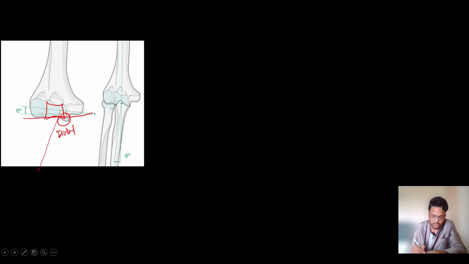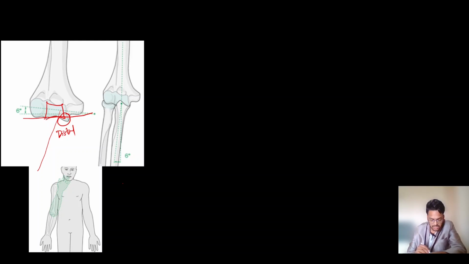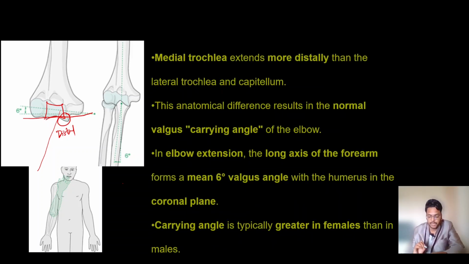Okay, so this forms the basis for the carrying angle of the elbow. This is mainly helpful for bringing the hand towards the mouth. The hand to mouth action is because of this one single point, that the medial part of the trochlea is more distal and it forms the carrying angle.